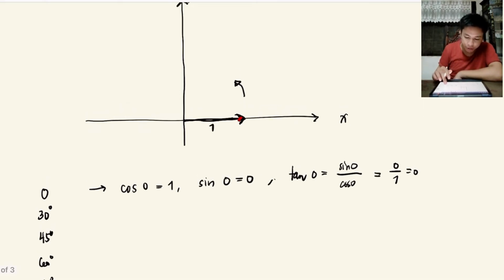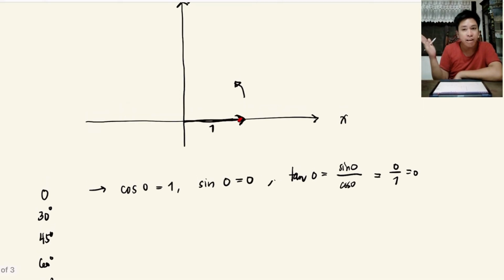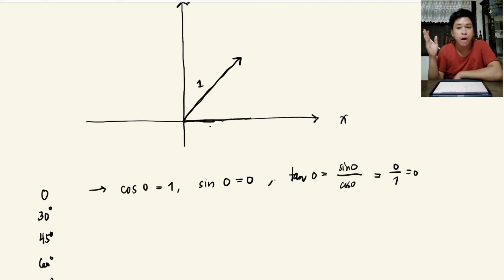Okay, so let's talk about 30 degrees. So how do we figure out the 30 degrees without using a calculator? We will have this one here. Let's assume this ray here is measured 1. And so in order for us to solve the value, we will project a line perpendicular to the x-axis. So this is our 30 degrees here.